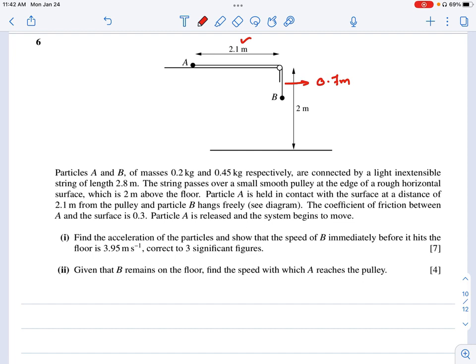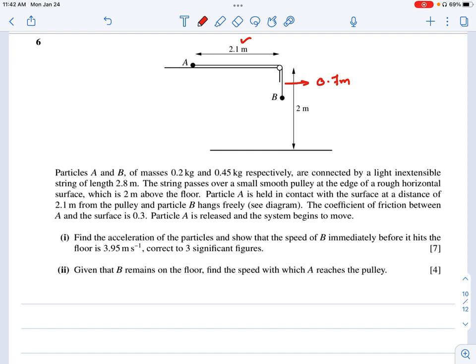The pulley is 2 meters above the floor. The particle A is held in contact with the surface at a distance of 2.5 meters from the pulley, and the particle B hangs freely. The coefficient of friction between A and the surface is 0.3. Particle A is released and the system begins to move. Find the acceleration of the particles and show that the speed of B immediately before it hits the floor is 3.95, correct to 3 decimal places.